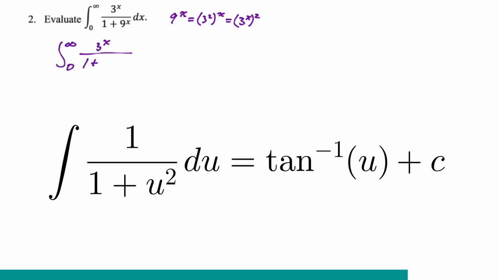So I'm going to rewrite my integral as this. And we're just going to say that u is equal to 3 to the x, right? And then du is going to be 3 to the x natural log of 3 dx. So then 1 over natural log of 3 du is 3 to the x dx. That's the process we're going to do.